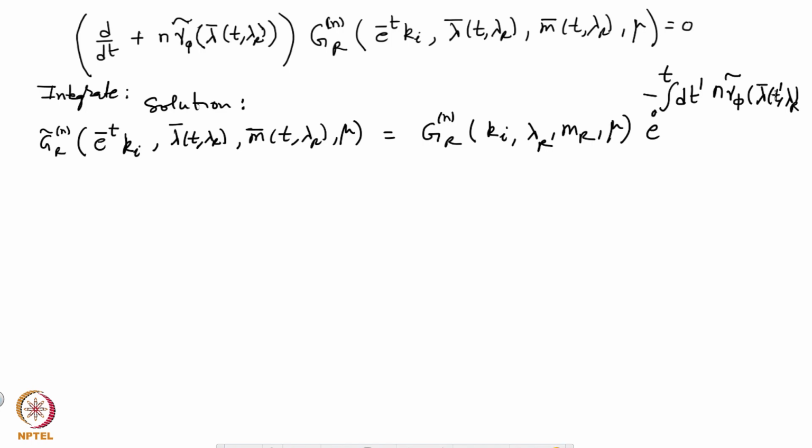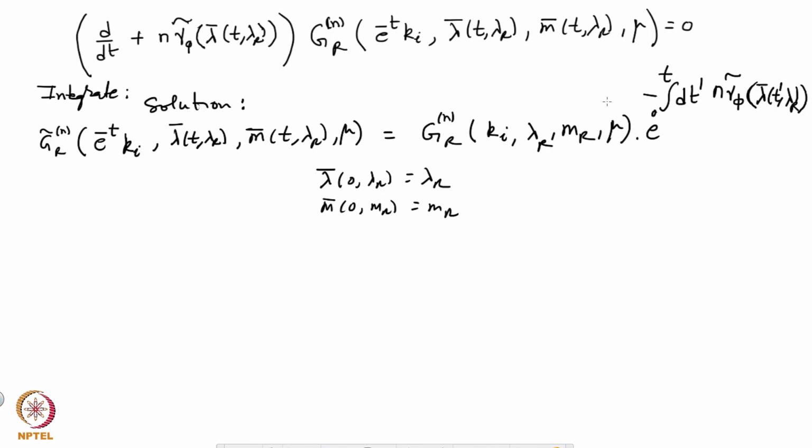Okay, that's the first bracket closing, and then this is the second bracket closing. So that's the solution, where lambda bar 0 lambda r, this is what we have used. Okay, that's what we have used.